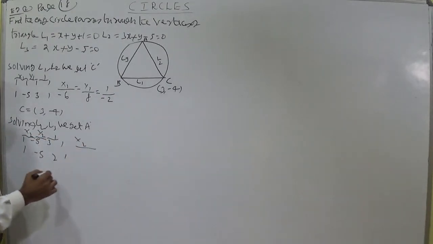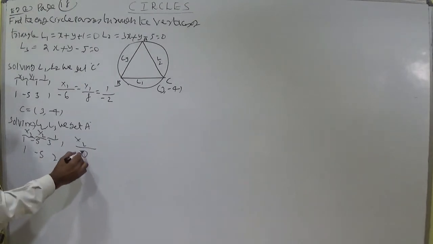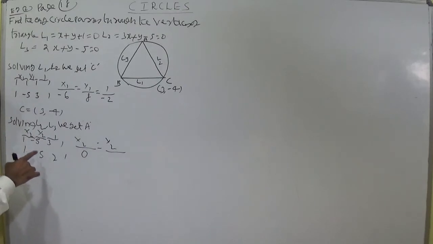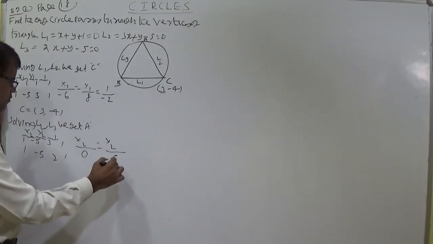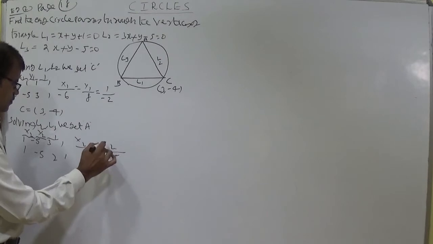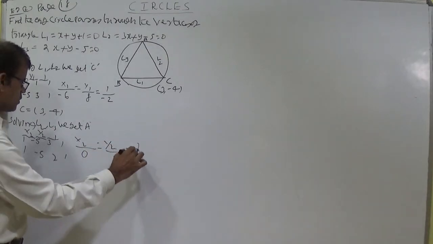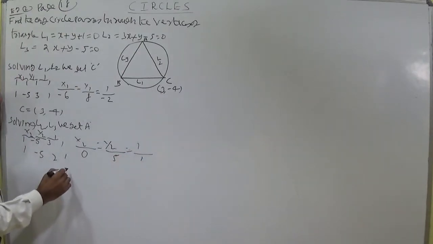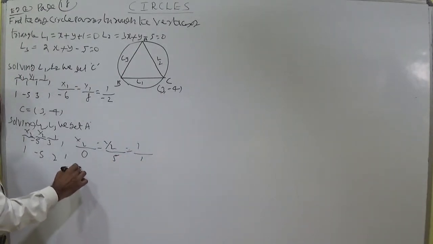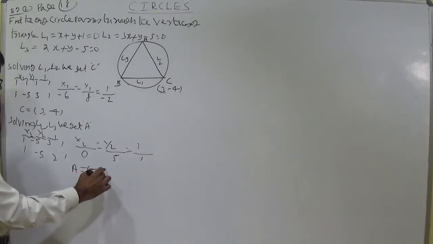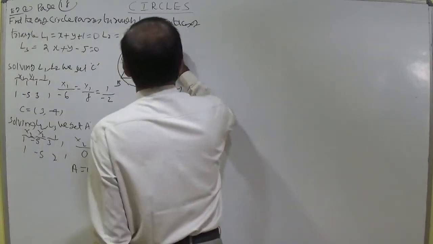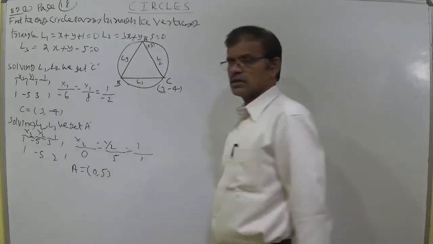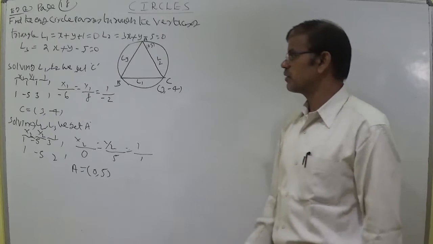So x2 by minus 5 plus 5, 0, no problem. y2 by minus 10 plus 15, it is 5. Is equal to 1 by 3 minus 2, simply 1. So A is equal to 0 comma 5. Write here A, 0 comma 5.